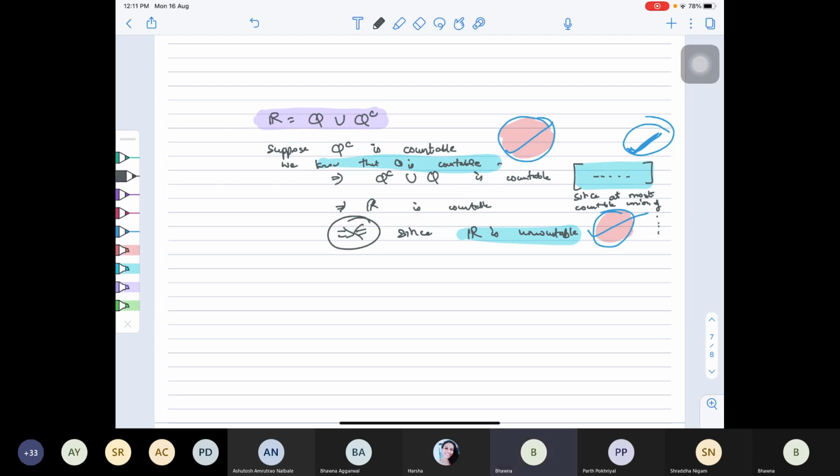If you just write since finite union of countable sets is countable, then it's also true. You need not worry, because the statement which you are using is actually correct. It makes complete sense.